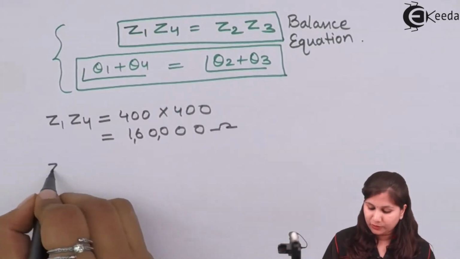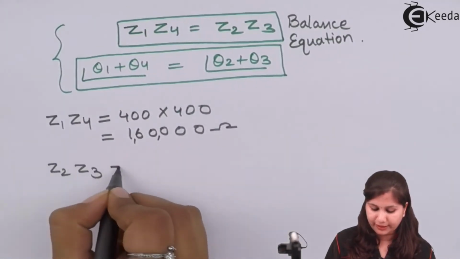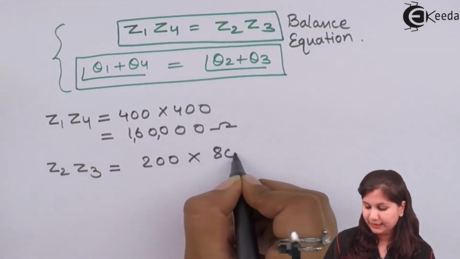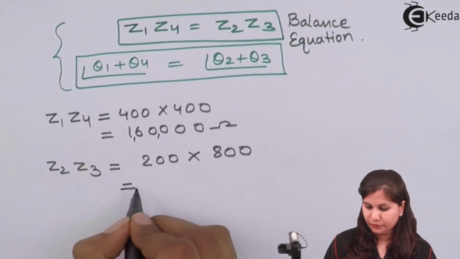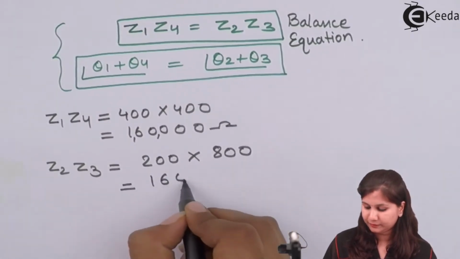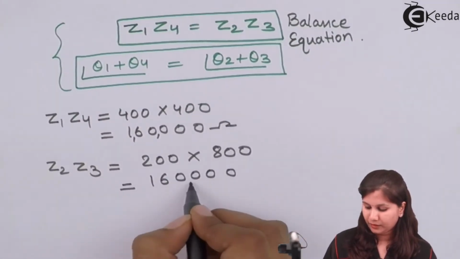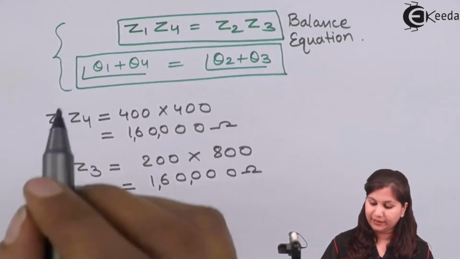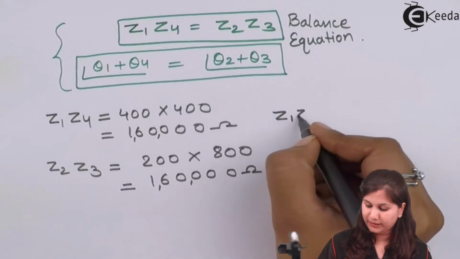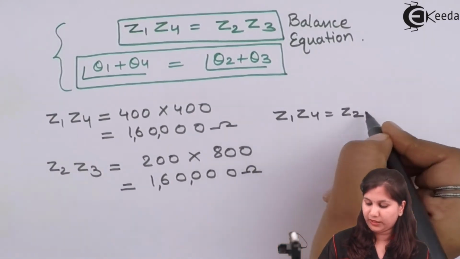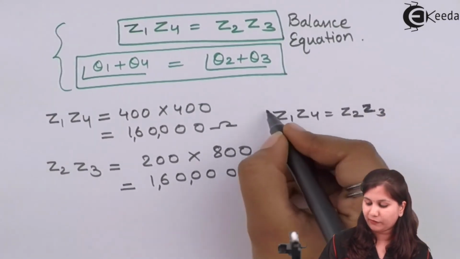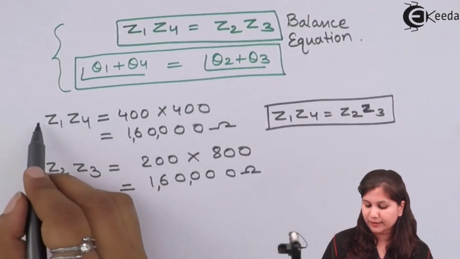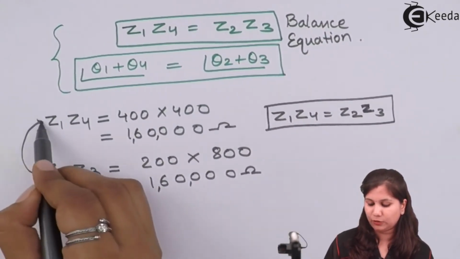And if we find Z2 Z3, Z2 is given to us as 200 and Z3 is given as 800. So it is again 1,60,000 ohms. So we can say that the first equation, Z1 Z4 equals Z2 Z3, is satisfied by this bridge, because both these products are equal.